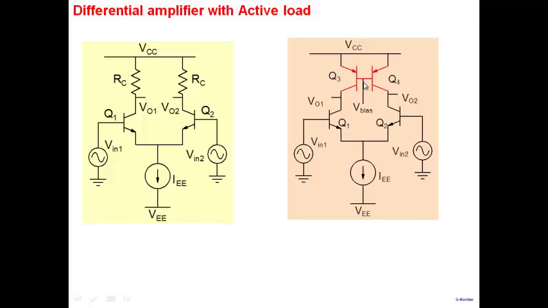And we have to bias Q3 and Q4 in the active region here. So we have to apply a voltage at this particular node in order to bias these two transistors in active mode. And this particular amplifier has a problem. The problem is, first of all, we require a base voltage, which means that we have to generate a circuit to apply V bias here.